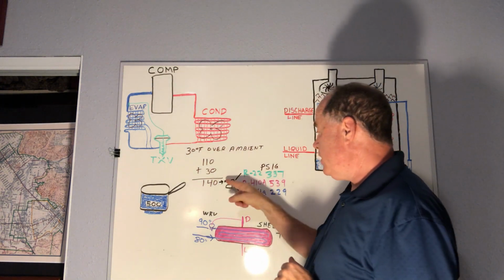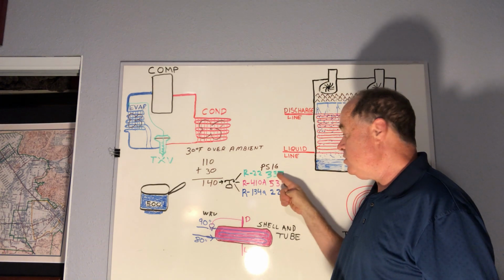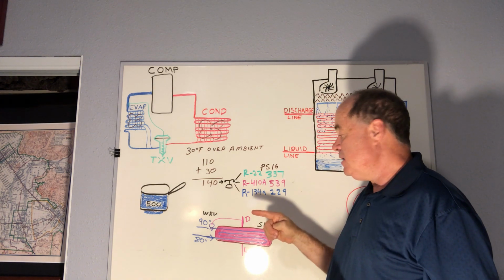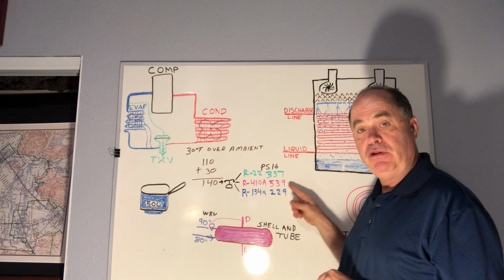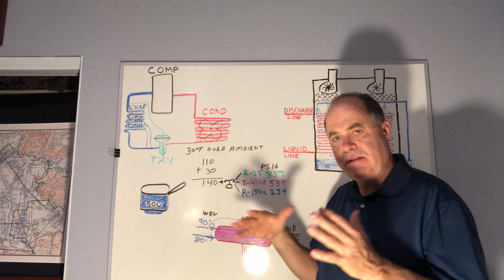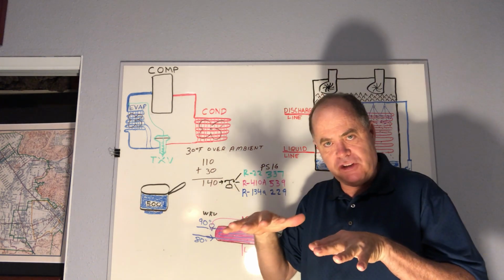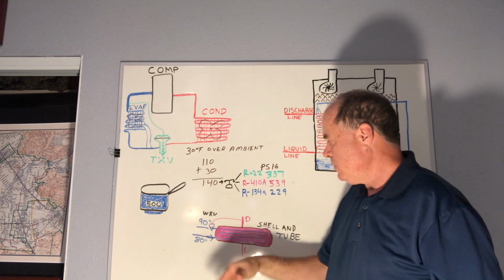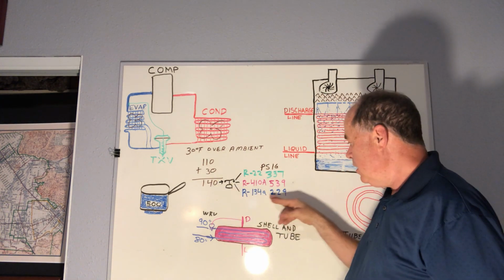So really here, if we look on a PT chart for 140 degrees, we see R22, 337 is a pretty good place for a head pressure cutout. R410A, 539. Now maybe a little lower because these newer high efficiency systems, maybe 525 or 530 would be okay. But the principle gets you there, close. R134A, 140 degrees on the PT chart, 229.